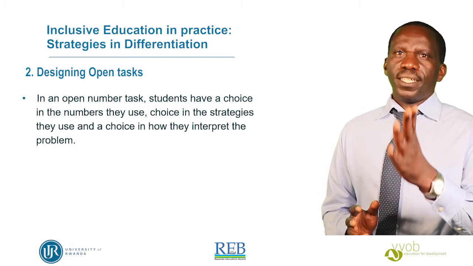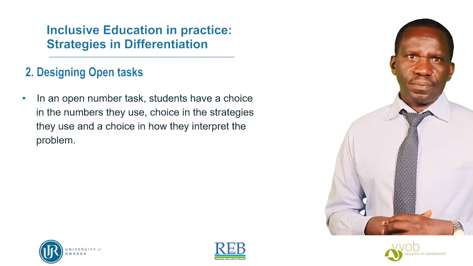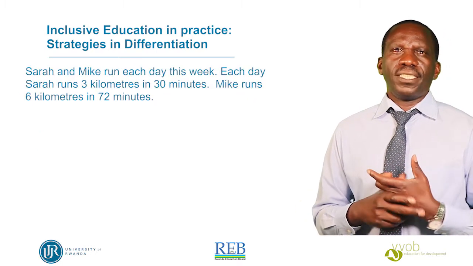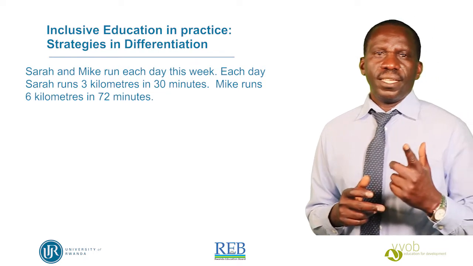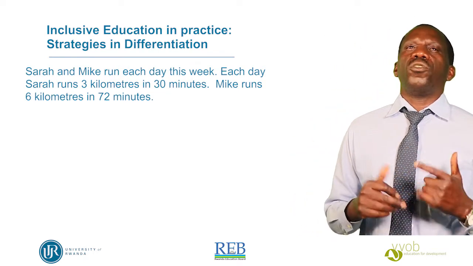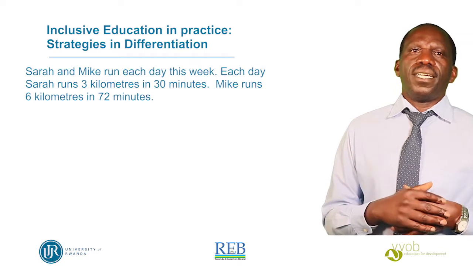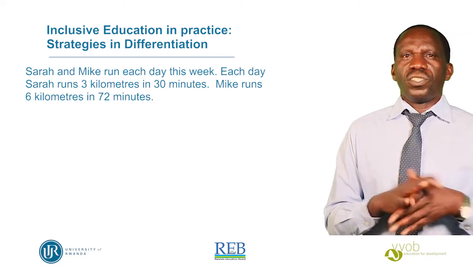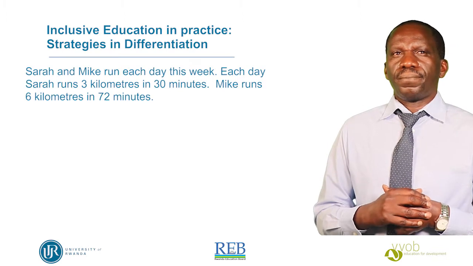Let me give you an example of an open task. Sarah and Mike run each day this week. Each day, Sarah runs 3 kilometers in 30 minutes and Mike runs 6 kilometers in 72 minutes.